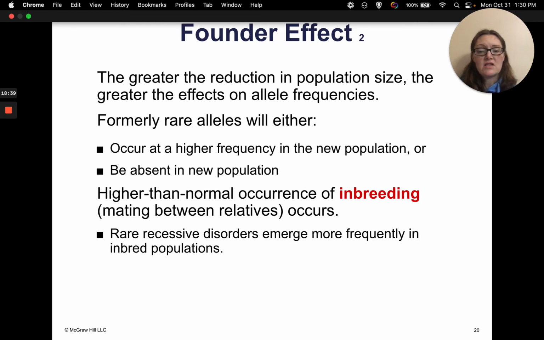So this can lead to a higher than normal occurrence of inbreeding, because if the founders were siblings or cousins, then there's no choice but for them to mate with each other. This leads to a higher chance of rare recessive disorders emerging more frequently because they just don't really have a choice. If they want to continue to survive, they're going to have to breed with their siblings.